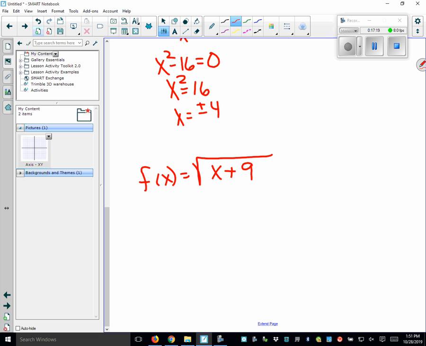Is it true that x plus 9 should be greater than or equal to 0? Yes. So x should be greater than or equal to negative 9? Yes. How do I write that as an interval? Bracket negative 9 to infinity. Yes. That's it, right?